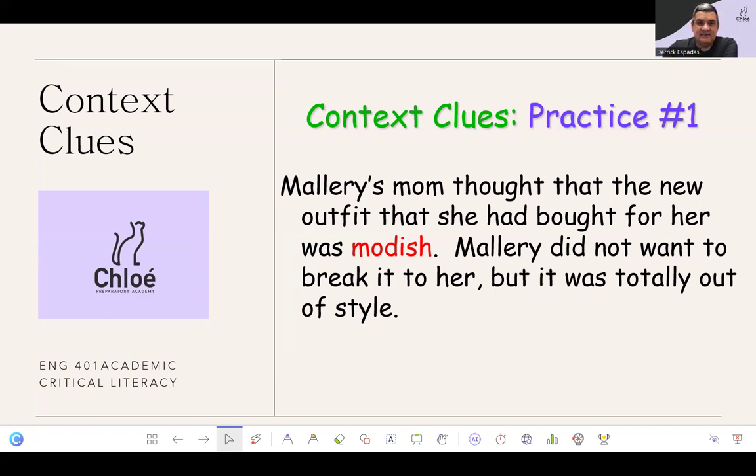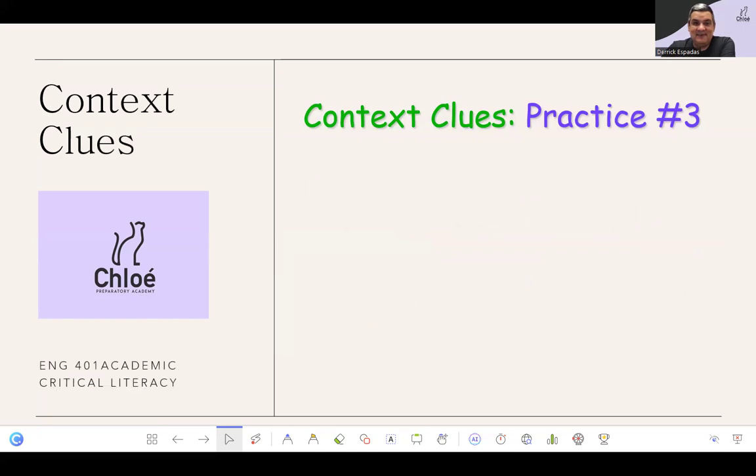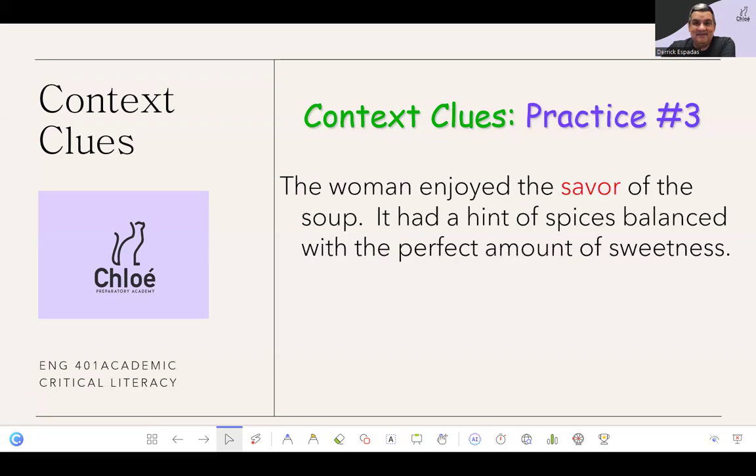And yes, I understand that this slide is jumping from practice one to practice three. The woman enjoyed the savor of the soup, had a hint of spices balanced with the perfect amount of sweetness.